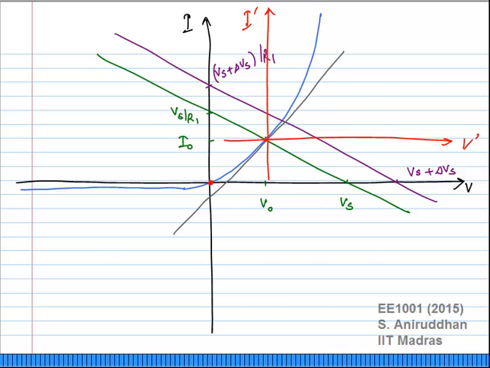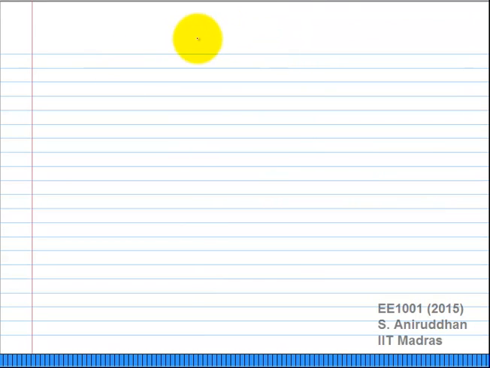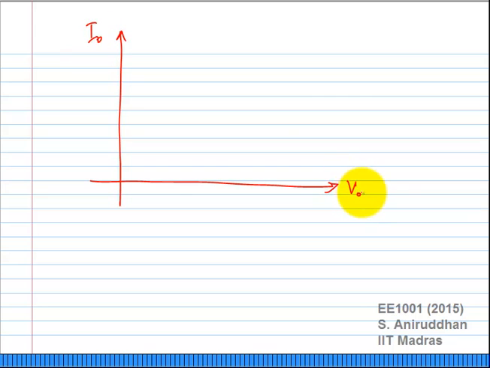The minute I move the origin to V0 comma I0, what happens to these extra terms? What will happen to these new curves now?